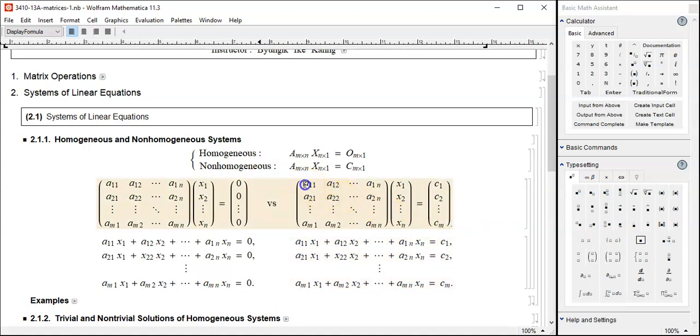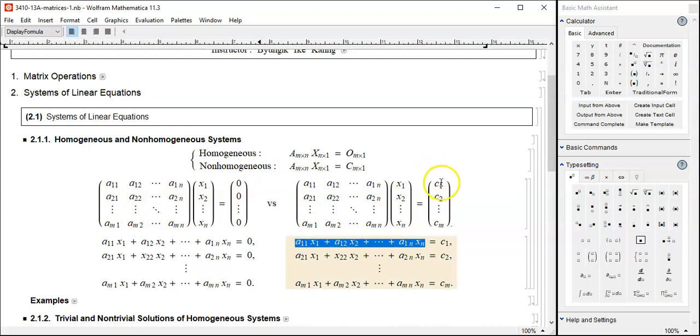Let's check. First row, first column. So a11 times x1 plus a12 times x2 plus a13 times x3 plus and so on. In the end, a1n times xn. Add them all up. That's the left-hand side.